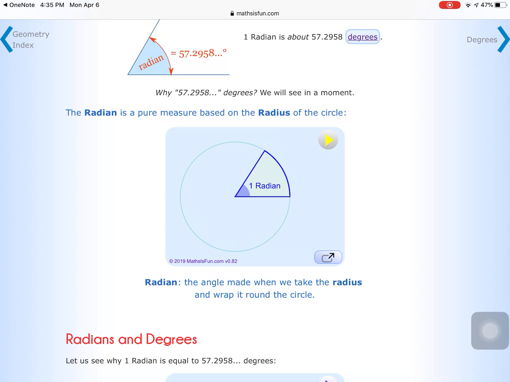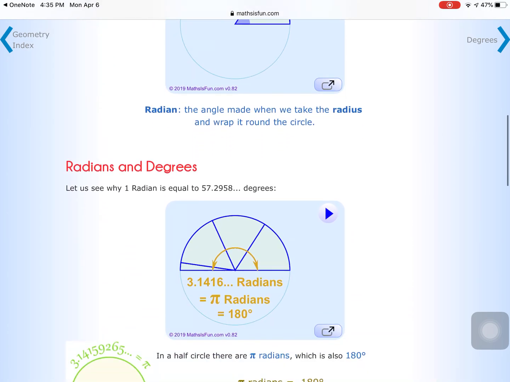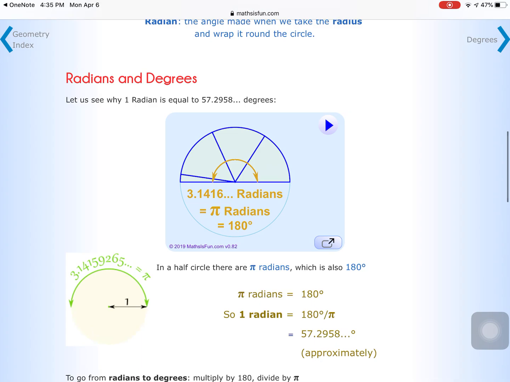So within that area is 1 radian. So if I continue to wrap that radius around, that gives me 1 radian, 2 radians, 3 radians, and just a little bit more to get over to 180 degrees. So pi radians reach 180 degrees.